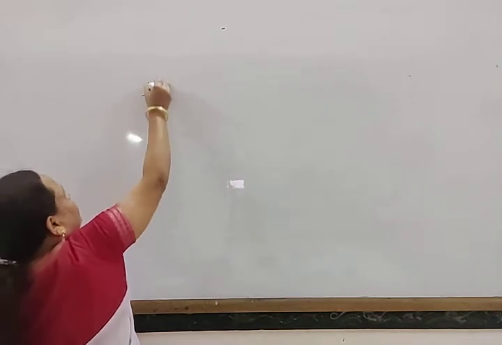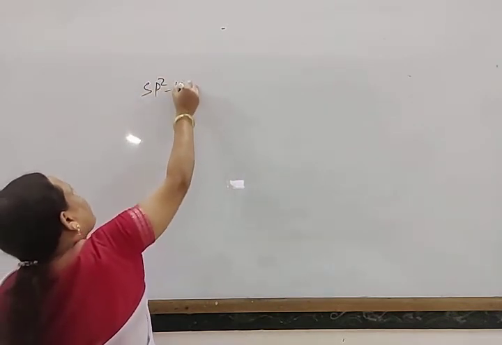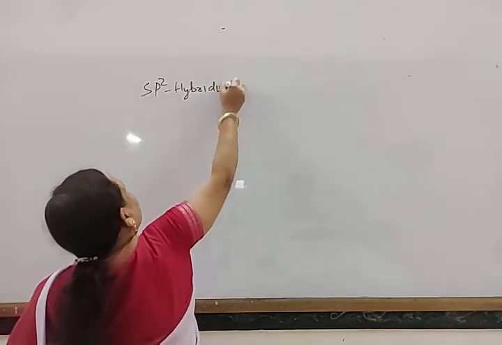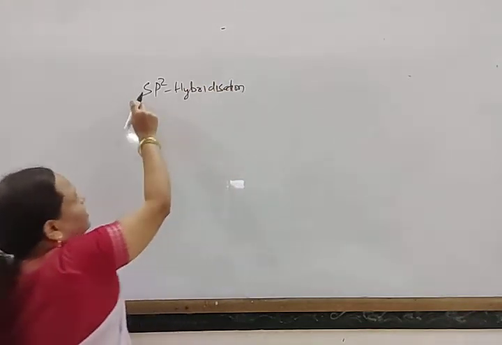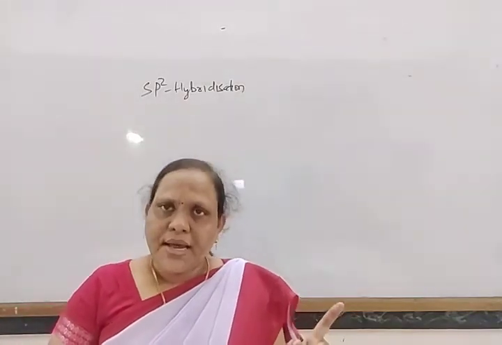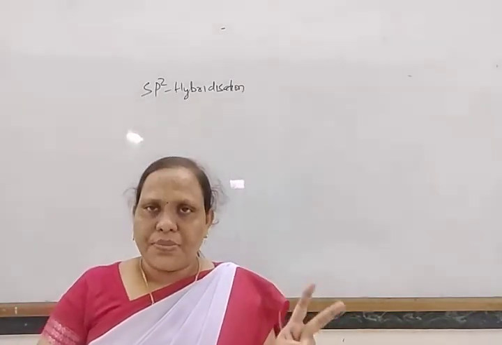So, sp2 hybridization. As the name suggests, sp2 means one s orbital and two p orbitals.